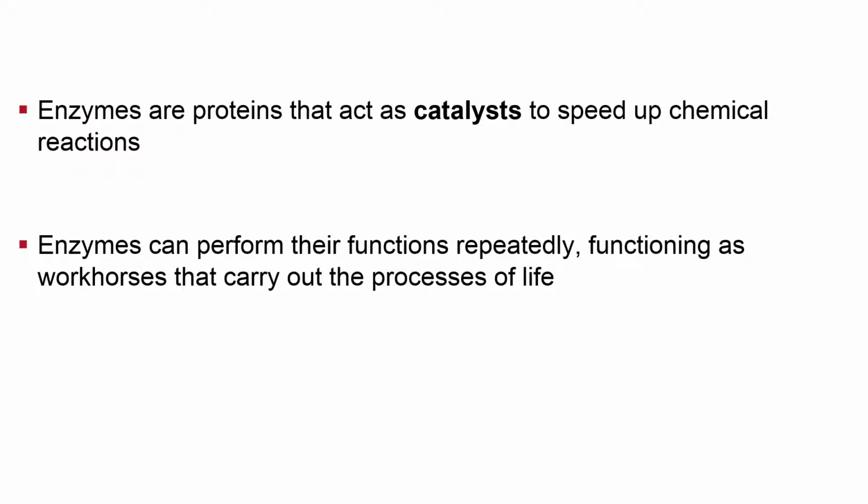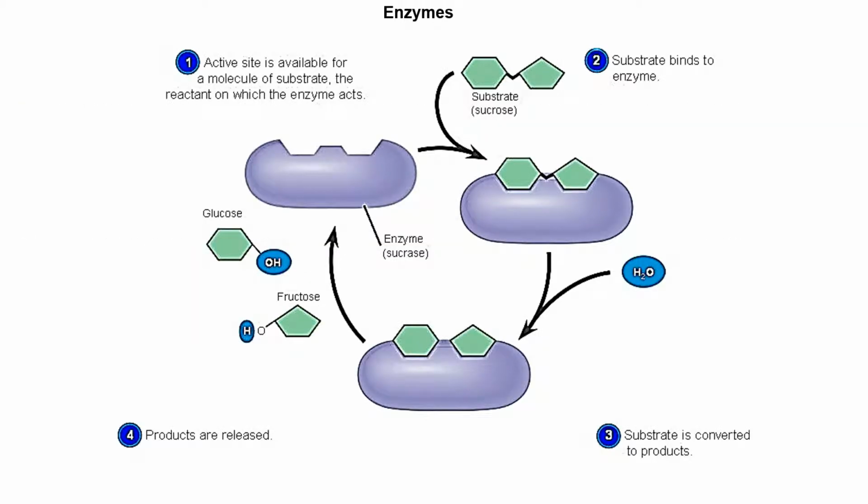Now, enzymes are also a type of protein. Enzymes function as biological catalysts; they speed up chemical reactions. To give you an example, you have, for instance, the sugar sucrose.